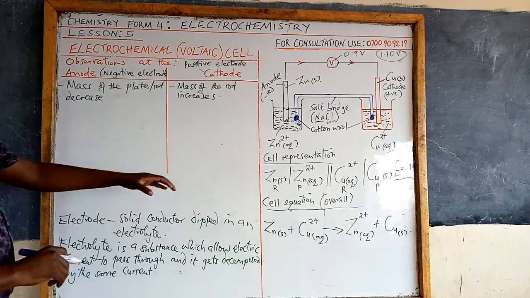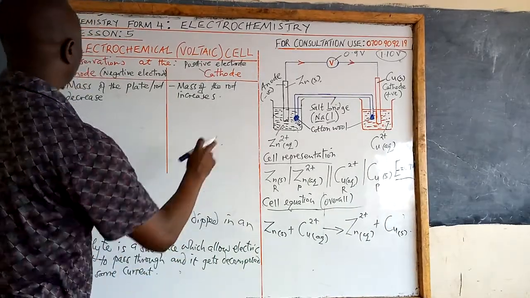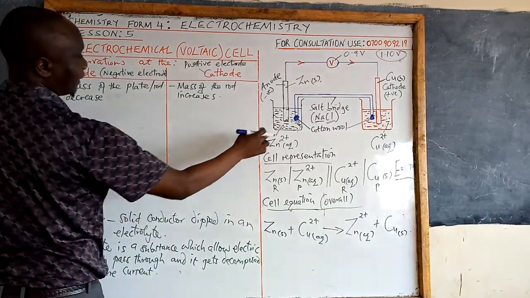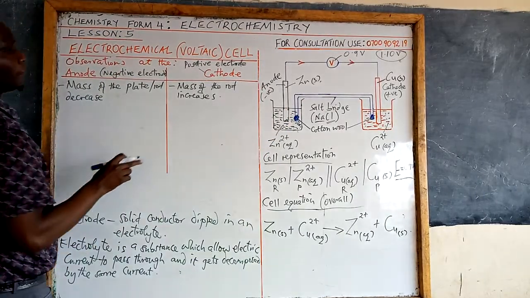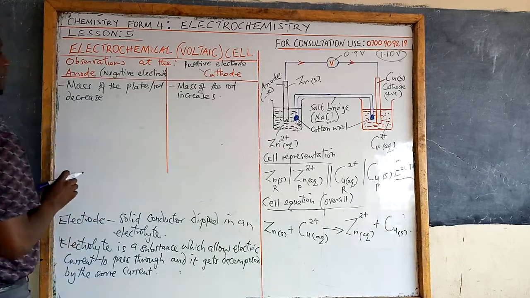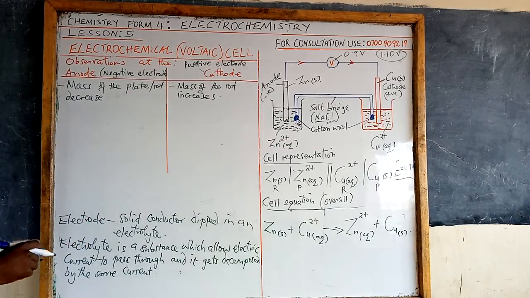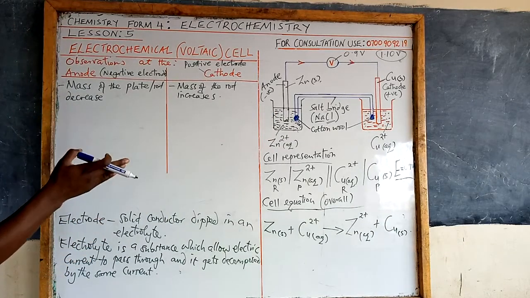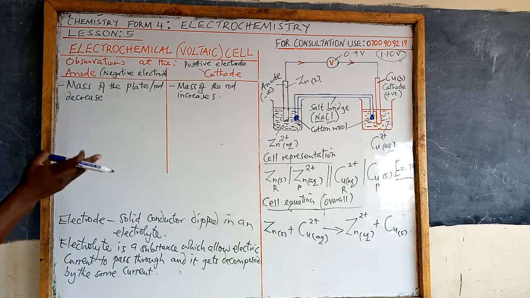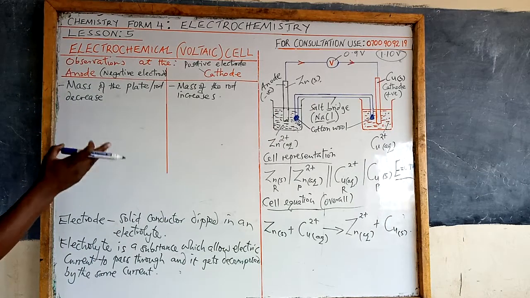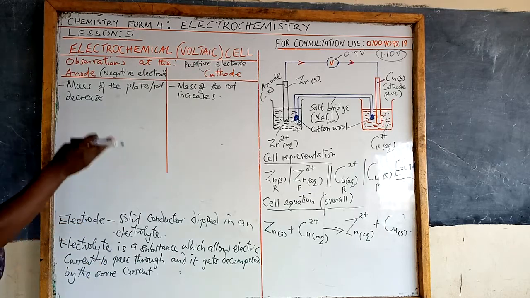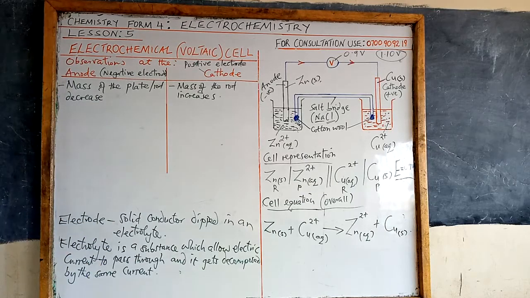The explanation is that the zinc plate dissolves, forming ions and releasing electrons. On the other side, the copper ions from the solution gain the electrons, forming atoms which are deposited. That is why there will be an increase.